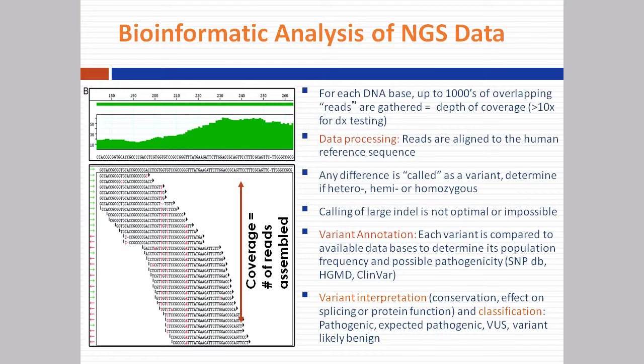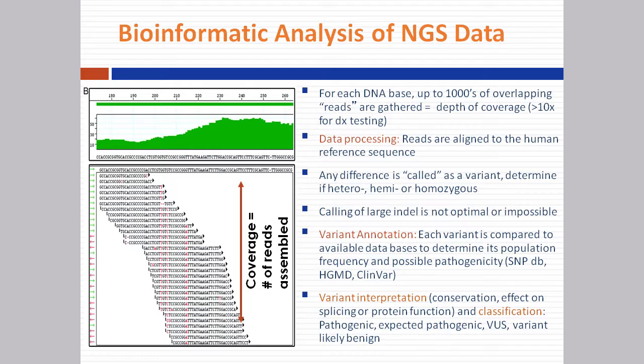For every base that you want to analyze and look at and sequence, you get hundreds to thousands of overlapping reads that are aligned and staggered, as you can see here in the diagram. If you look at the red-colored bases, they are indicated by these colors because they differ from a reference sequence. So we compare all of those reads to the human genome reference sequence and indicate in our software where there are differences.